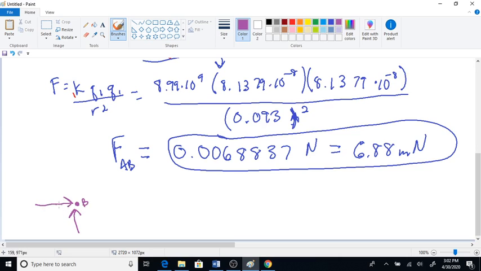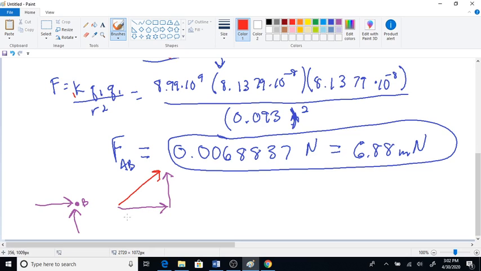Remember when we're adding vectors, we can put them head to tail. Actually, they don't have to be perpendicular, but that's a whole other story and a whole other unit. So we can just put them like this, and the answer is going to be the hypotenuse. That is going to be the actual ultimate force on B.